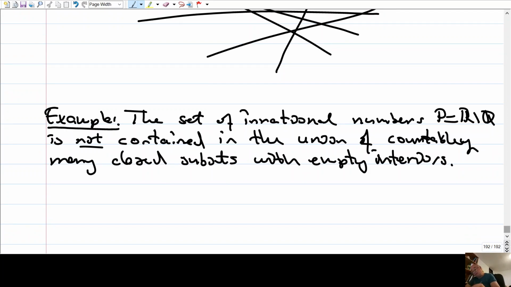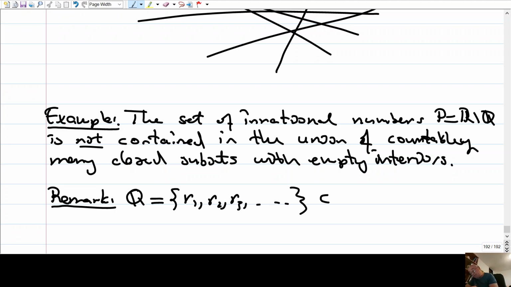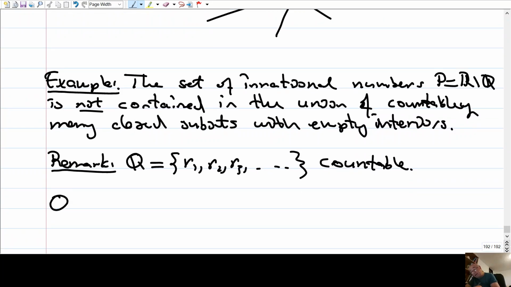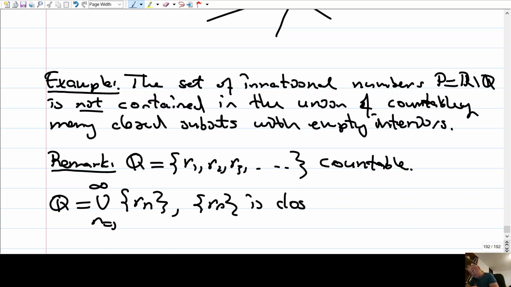Note that the set of rational numbers, on the other hand, can be written like this, right? This is a countable set, r1, r2, r3. Therefore, I can write Q as the union of these one-point sets, where each of these is closed with empty interior.